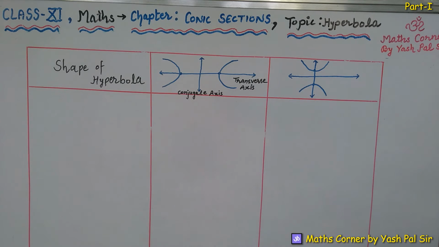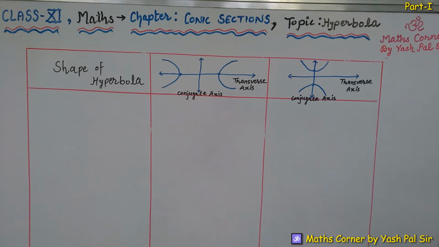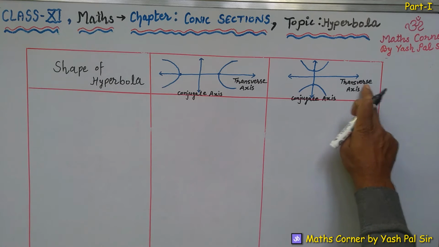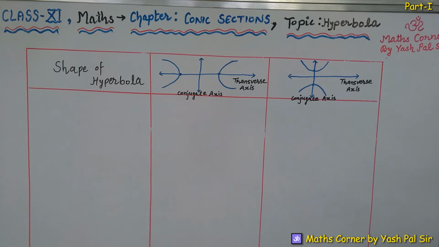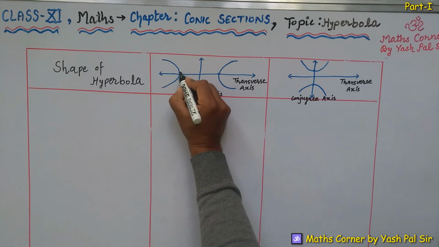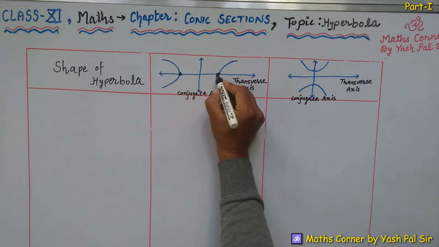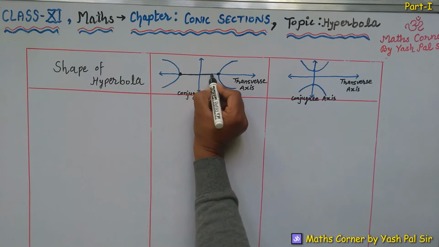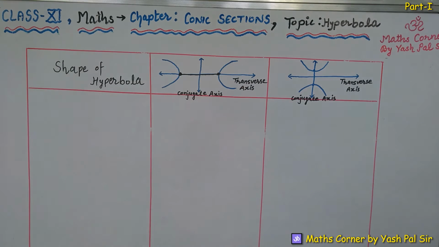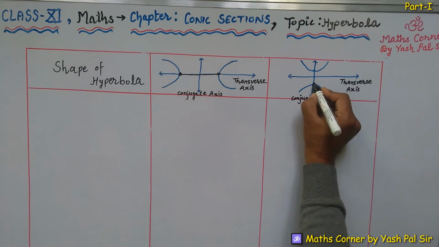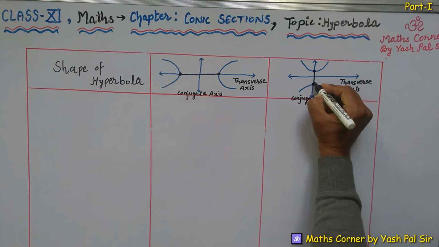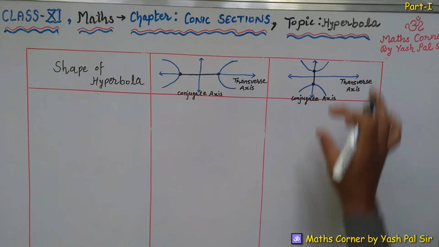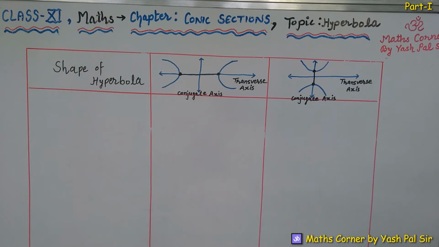But in the second case, the x-axis is the conjugate axis and the y-axis is the transverse axis. Now what is the difference? Here we discuss the length of the transverse axis, from this point to this point. The distance between the vertices is called the length of the transverse axis, and in the other case the distance between the vertices of the hyperbola is called the length of the conjugate axis.